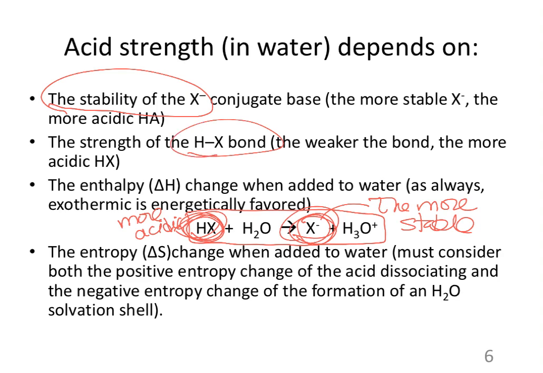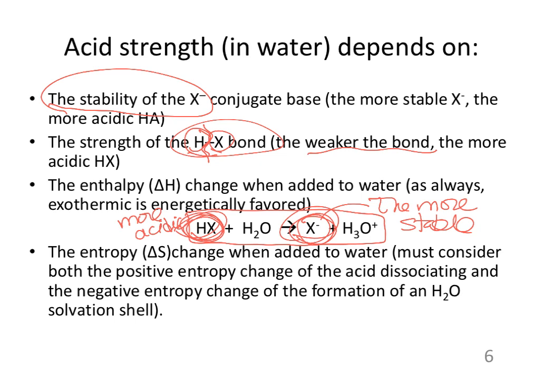The strength of the bond between the hydrogen ion that's donated and the other atom that it's bonded to: the weaker that bond, the more likely it is to break, which is what needs to happen for an acid, right? It's got to give away a hydrogen ion. And so the weaker this bond, the more acidic it will be.